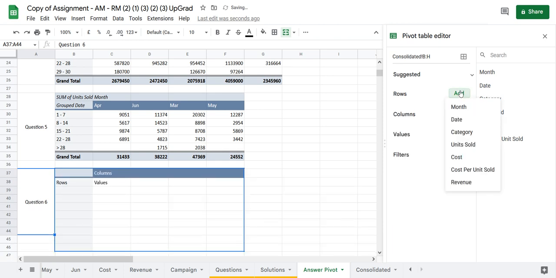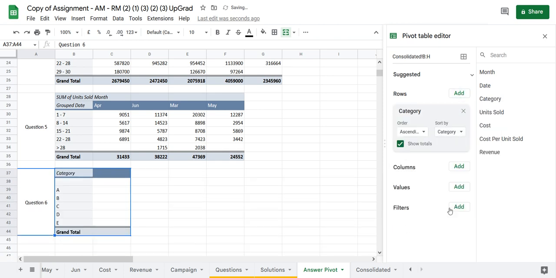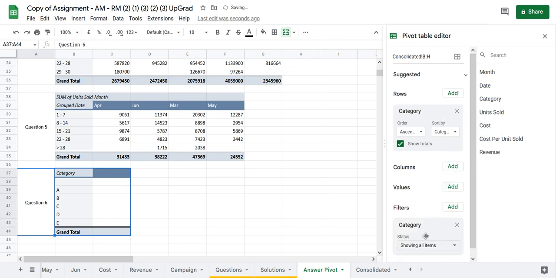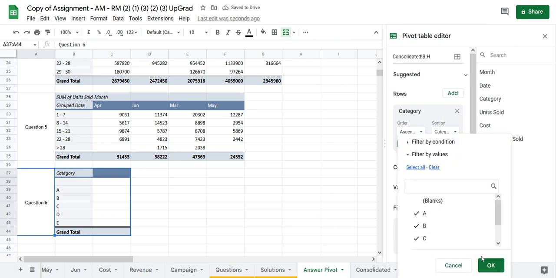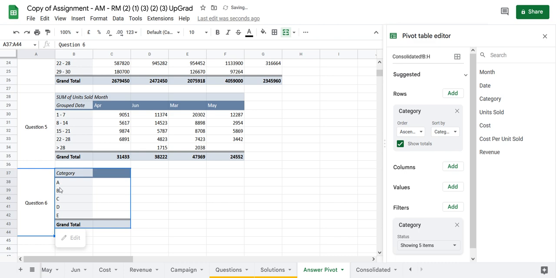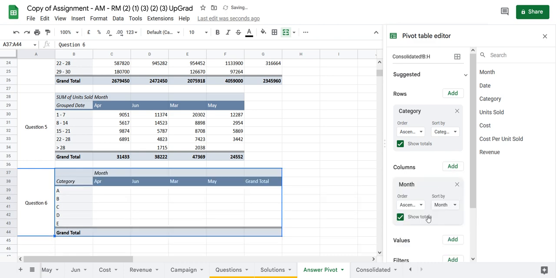For rows we want category, right? So I'll add one more filter for category and I'll remove blank from here. So we have A, B, C, D, E, 5 categories. Now in columns we want month, we don't want total. So March, April, May, June we have here. Now we want units sold.